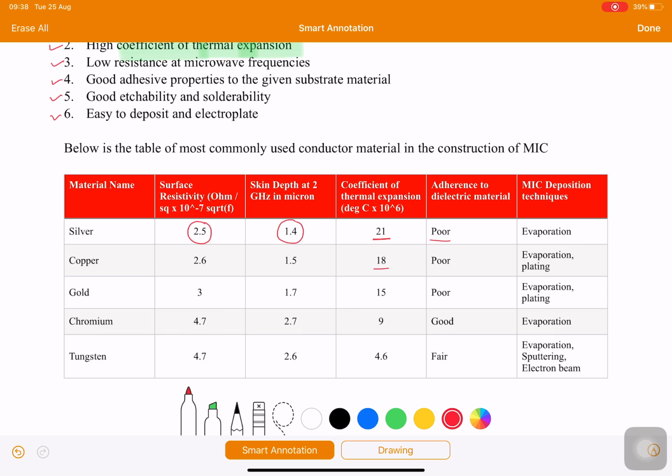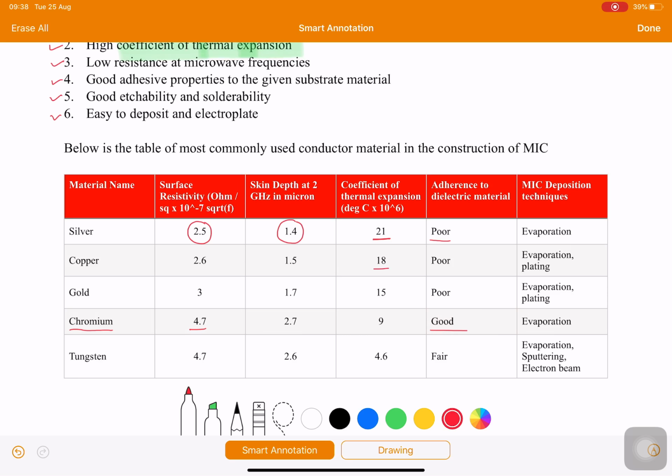Now here if we take the chromium material, the surface resistivity is a little bit higher. But here the adherence to the dielectric material is very good.